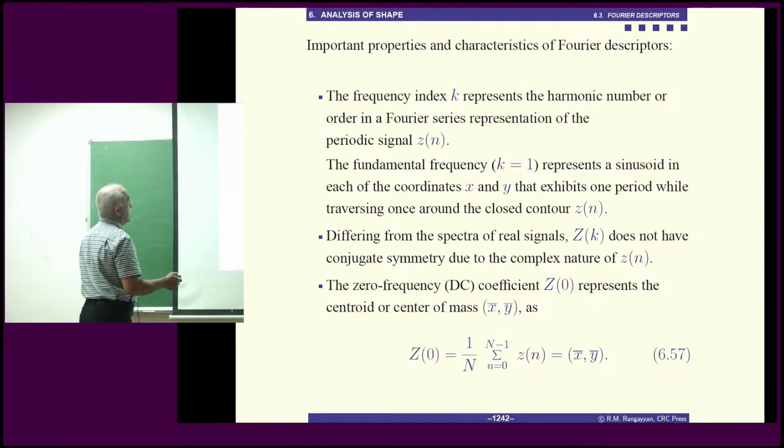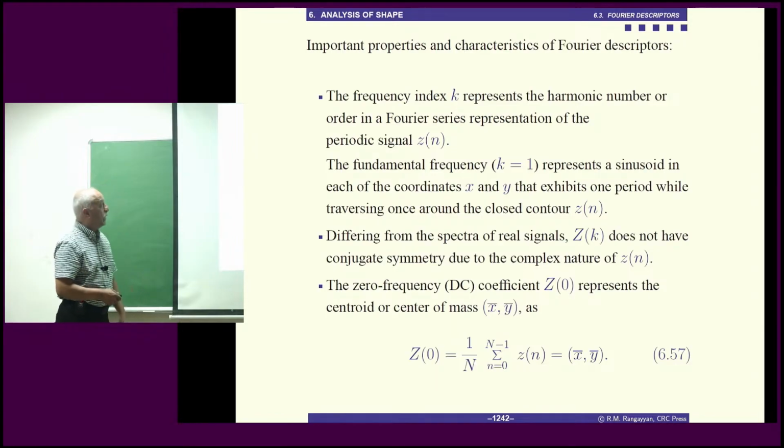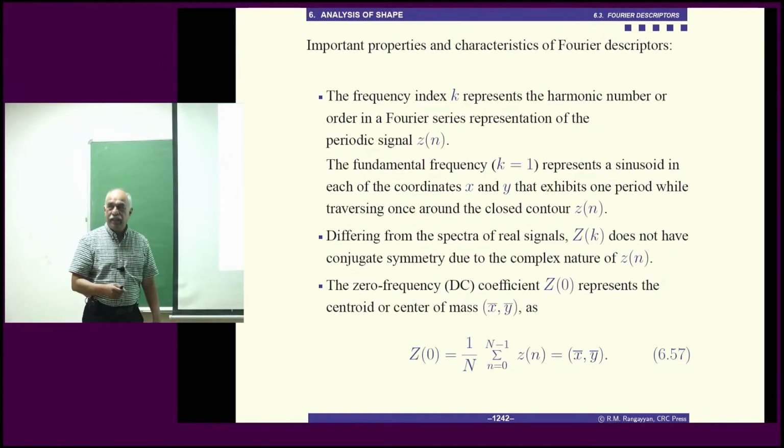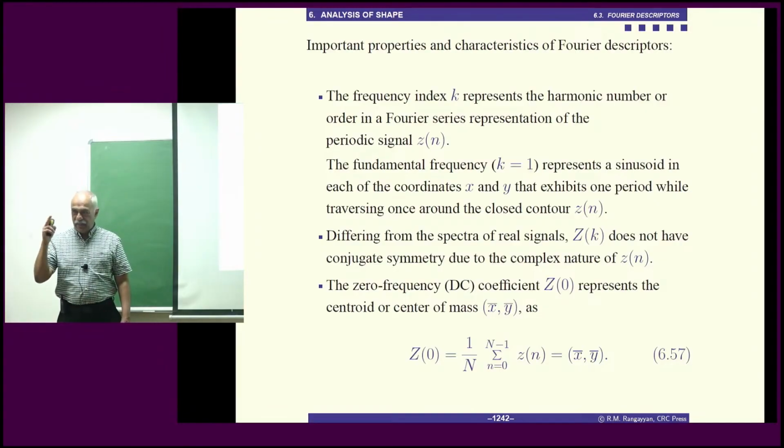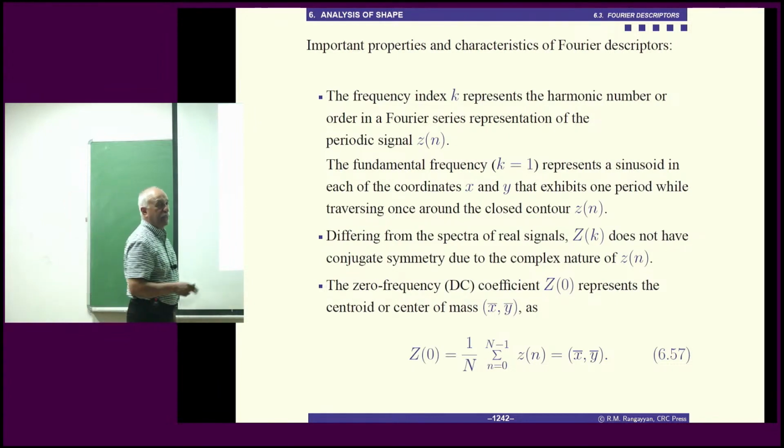So k represents the harmonic number. The fundamental frequency, k equal to 1, represents a sinusoid in x and y, and differing from spectra of real signals, Zk does not have conjugate symmetry, because conjugate symmetry is for real signals. If xn or zn, whatever, is real, then there is conjugate symmetry in the Fourier transform. Now, it is not so.